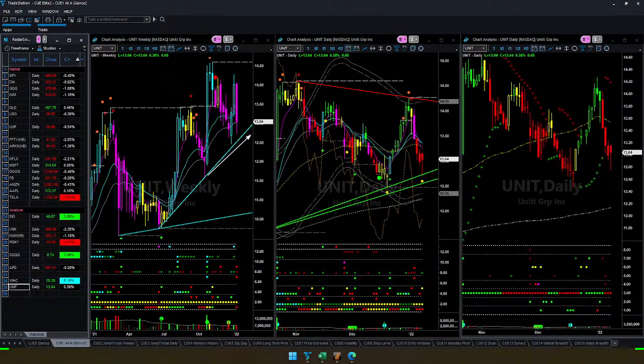in the weekly, it is close to the trend line support. In the daily, it is right at the trend line support. In fact, it closed above the previous day's close with a bounce up, with a bullish indecision.